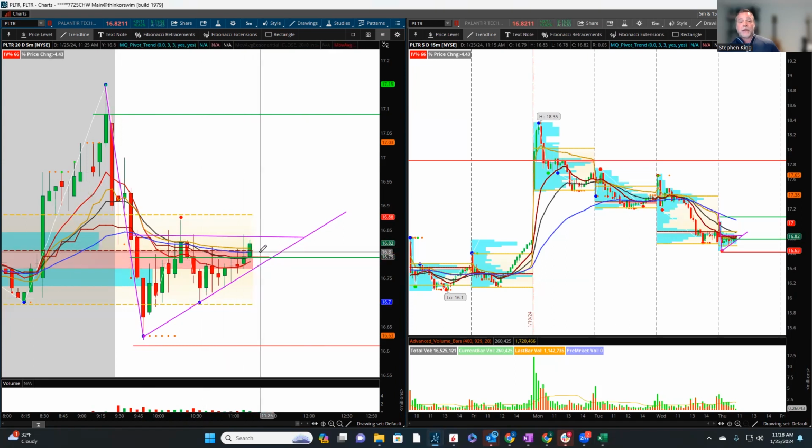Price consolidates. Now, the concept behind a bear flag is that price will consolidate in here and then eventually just roll over and go down. So I know that that is a common pattern that people look for.